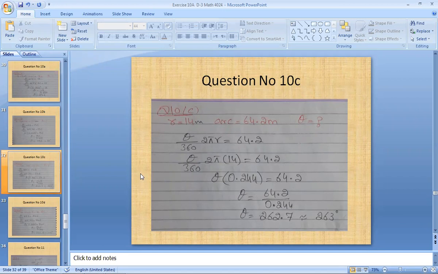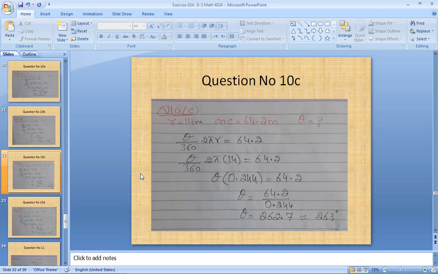So you will have theta by 360 times 2 pi r equals 64.2. In your calculator, you will enter 2 multiplied by pi multiplied by 14 divided by 360, and you get 0.244.